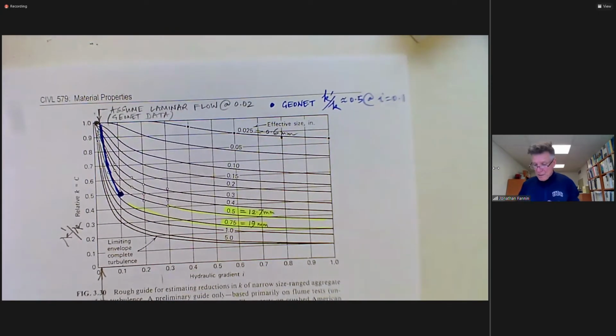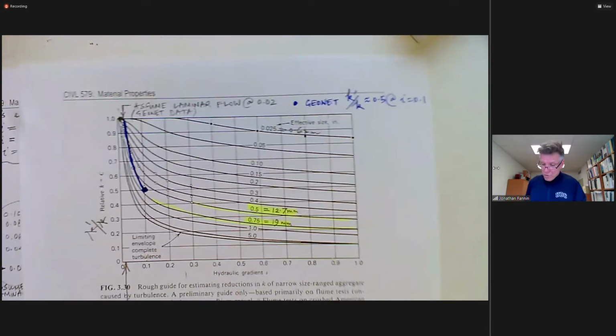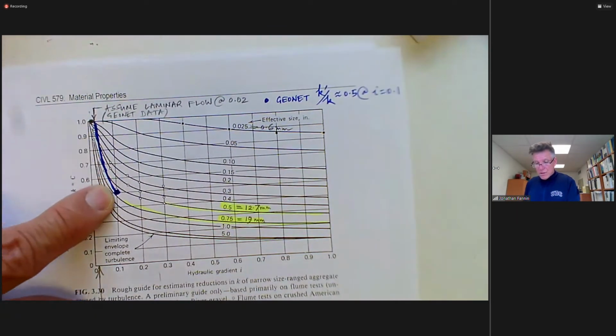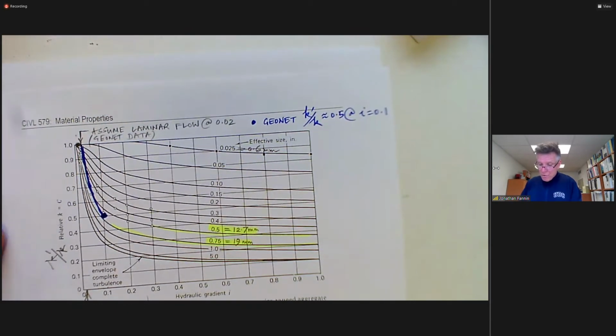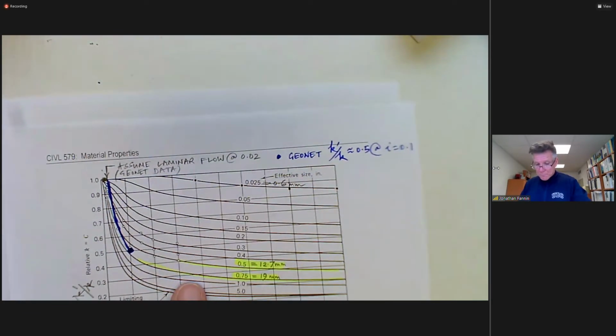So what do we see here? And it's something that's of interest to us both for soils as well as for geosynthetics, is we have non-Darcian flow. To maintain Darcian flow, the relative hydraulic conductivity, C would equal 1.